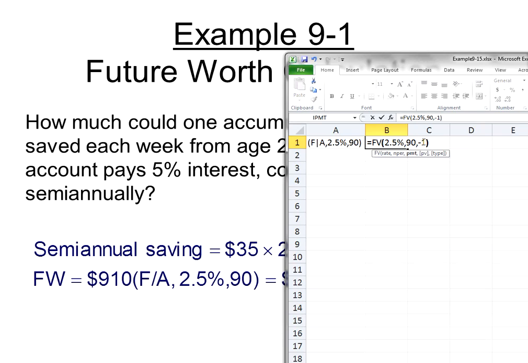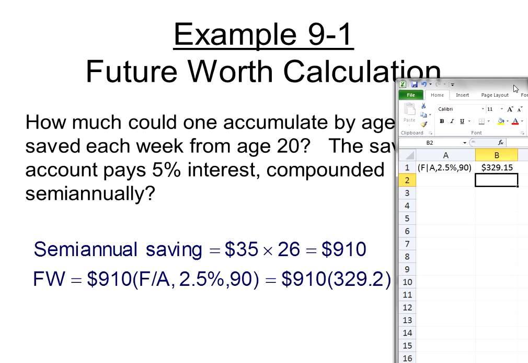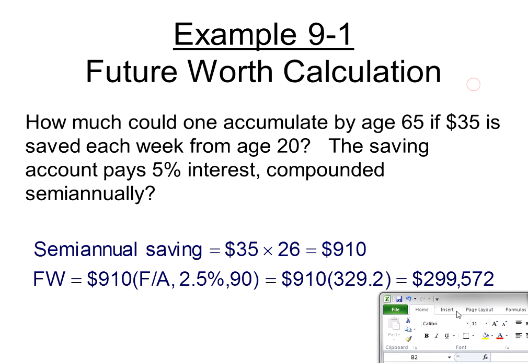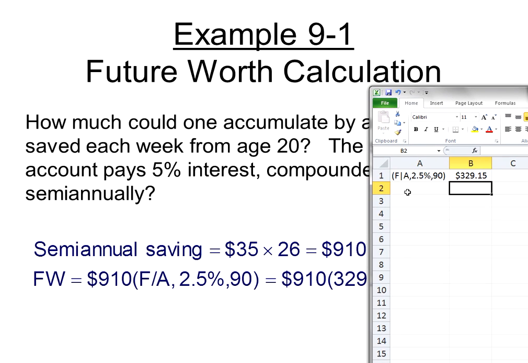So if I put -1, notice that gives me exactly this value here of the discount factor. Alternatively, I could just multiply these together to get the value if I wanted to, right? So if I have my 910, then I can multiply these together to get the value.